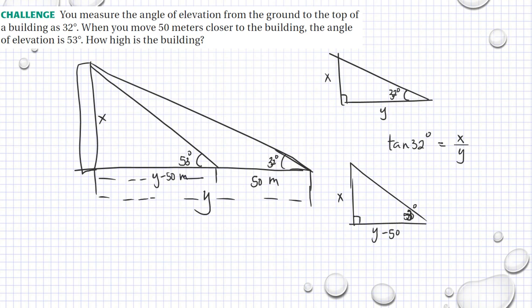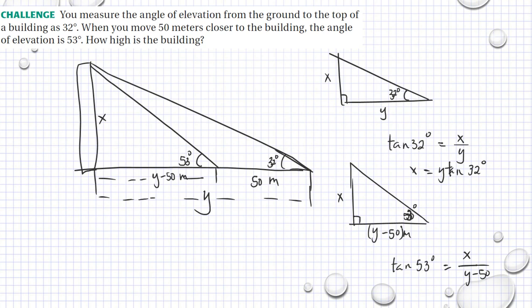Now we have tangent of 53 degrees is equal to x divided by y minus 50. And then we know that x is equal to y tangent 32 degrees.